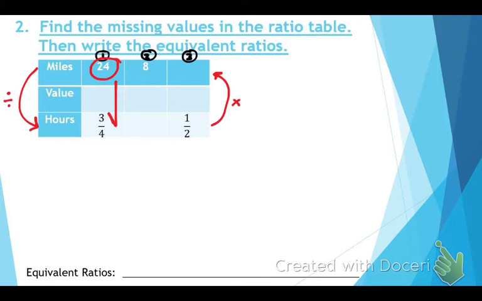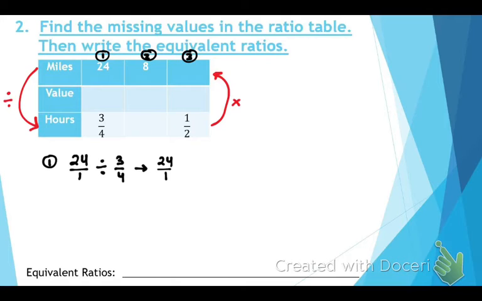Okay, so for this first one, I am going to try to figure out the value of the ratio by dividing that top number by the bottom number. 24 divided by 3/4. Kyla, tell me what to do. So you're going to draw an arrow, then 24 over 1 divided by 3 over 4.